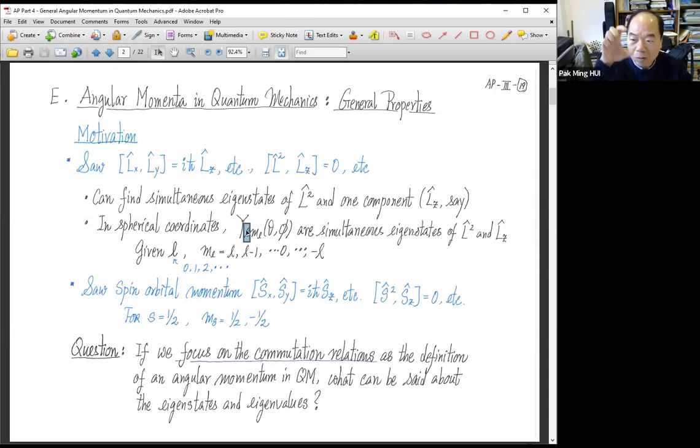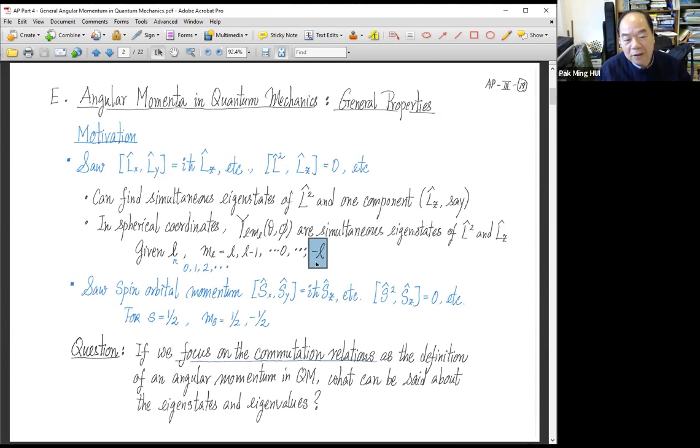So 0, 1, 2, 3, S, P, D, F, etc. Those states. And given an L, ML also follows very strict rules. It runs from plus L in steps of 1, so L minus 1, all the way to minus L. There are 2L plus 1 values of ML.